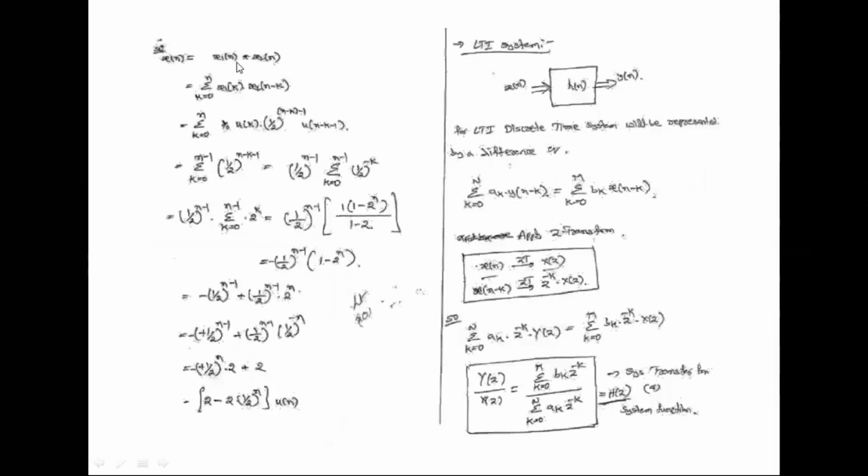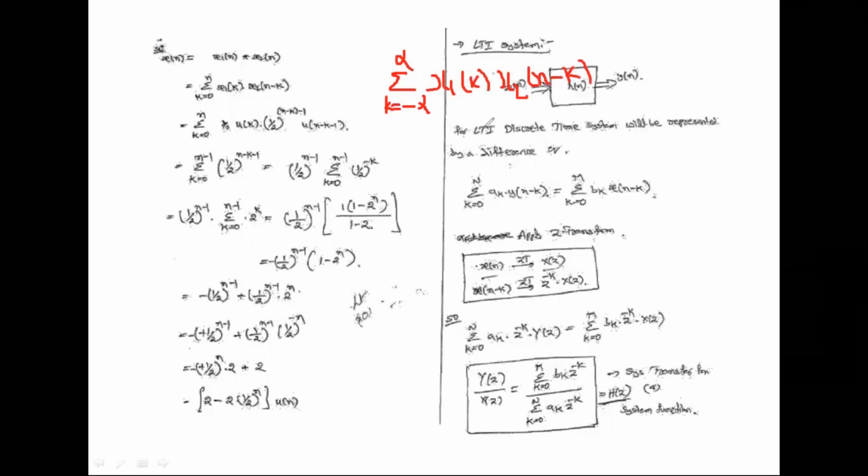And using this convolution formula, we substitute. The sum over k from minus infinity to infinity of x1 of k times x2 of n minus k. What is x1 of k?